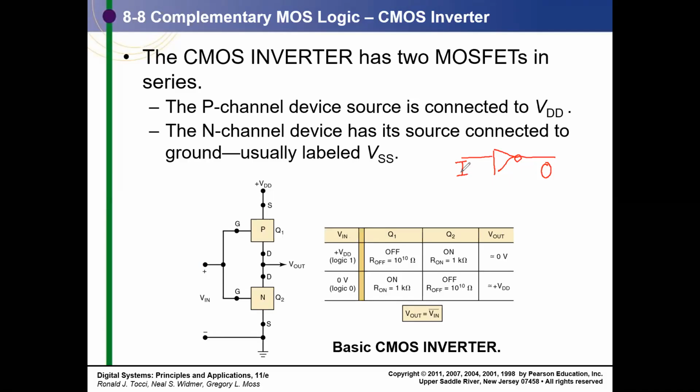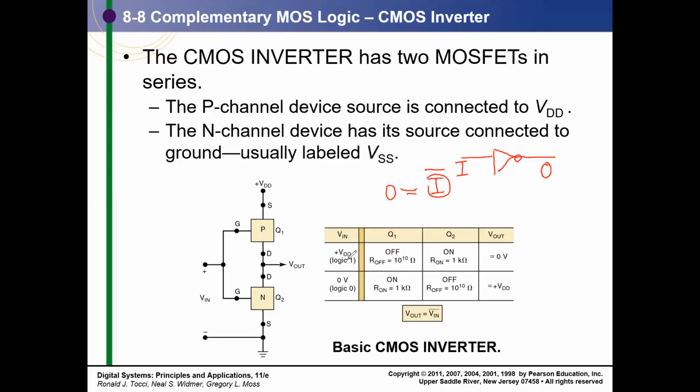You can directly translate the function, which is O equals I bar. Whatever the number of variables in your expression, that many inputs go to each network. Here there is one input I, so you have two transistors, Q1 and Q2. Q1 is a P transistor, Q2 is an N transistor.